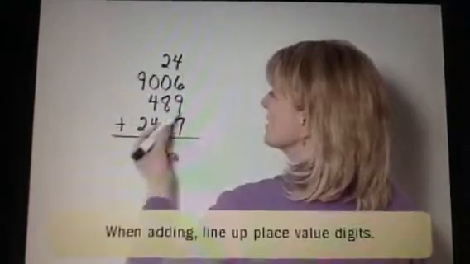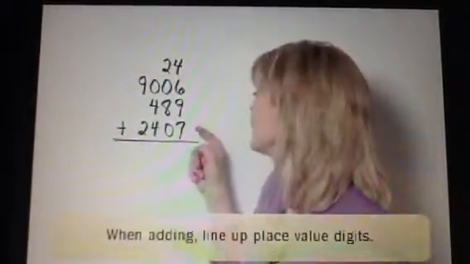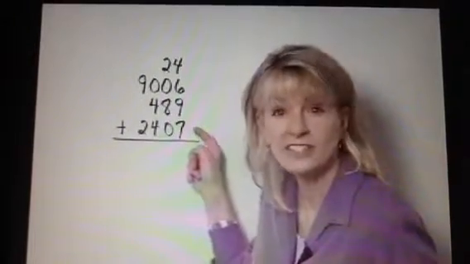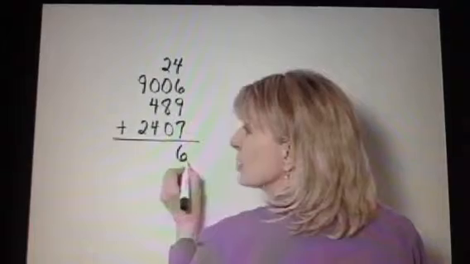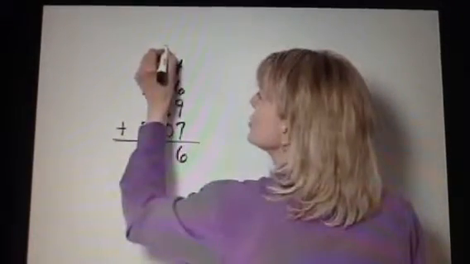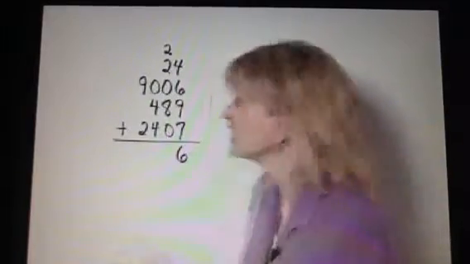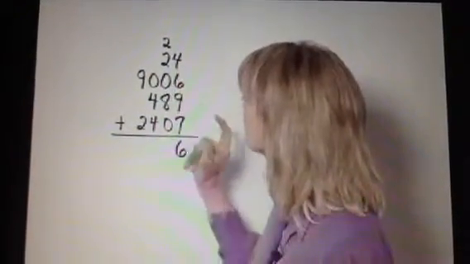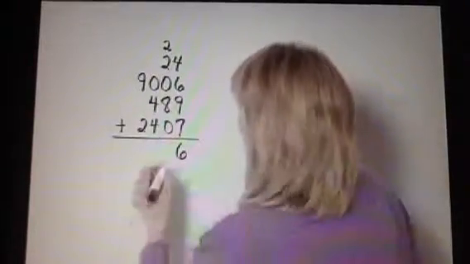4 and 6 is 10, and 9, that's 19, and 19 plus 7 is 26. So I put the 6 here in the ones place, and the 2, I carry it to the tens place. And then we continue. 2 plus 2 is 4. 4 plus 8 is 12.